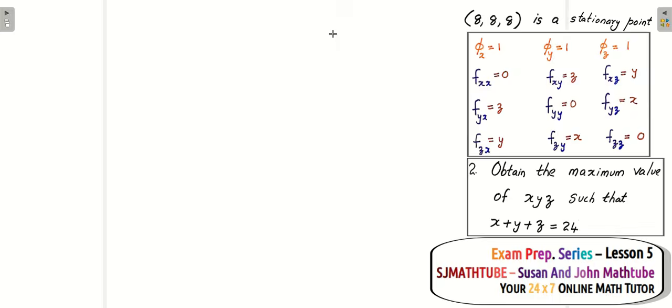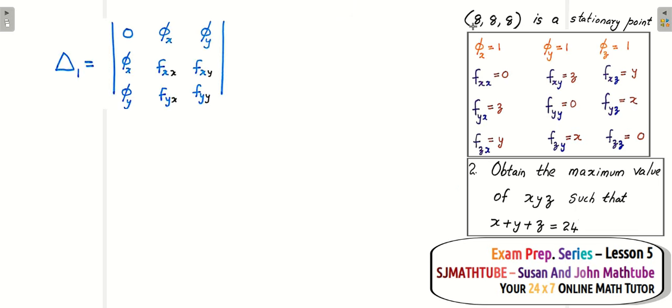Okay, now let's go for delta 1, and I have kept all the values on the right side of the screen. The question, then all the derivative values, and the point to be tested for maxima or minima. So this is the first determinant. It's very easy to write.